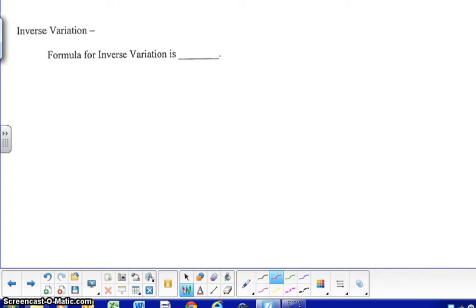Okay? Inverse variation is when things are opposite. So y equals k over x is going to represent it, where k cannot be equal to 0. And examples of this are, let me fix this really quick.